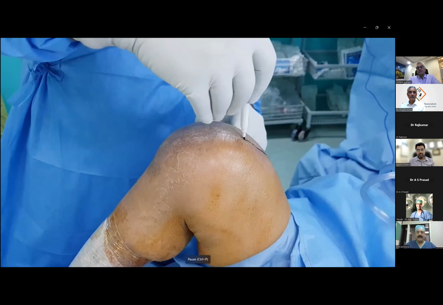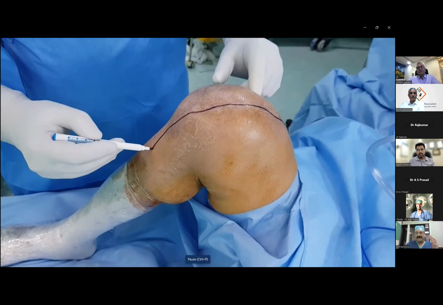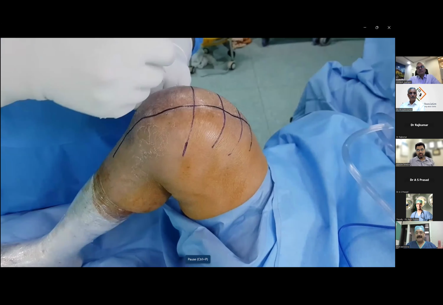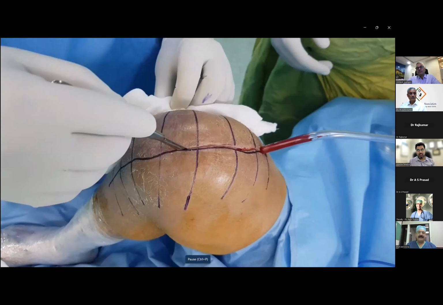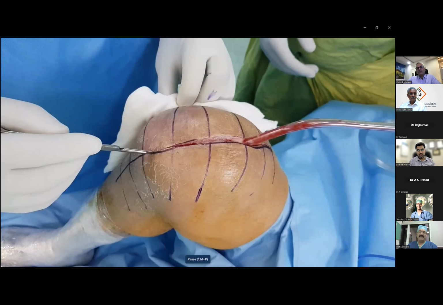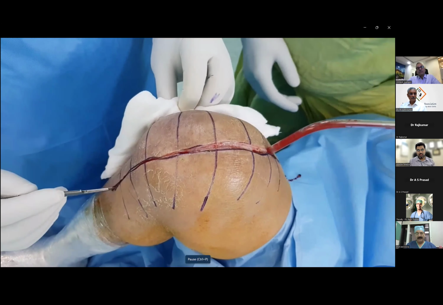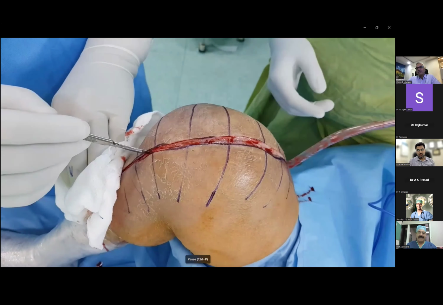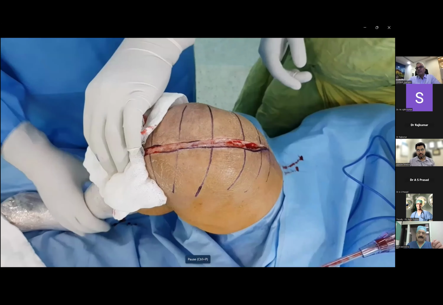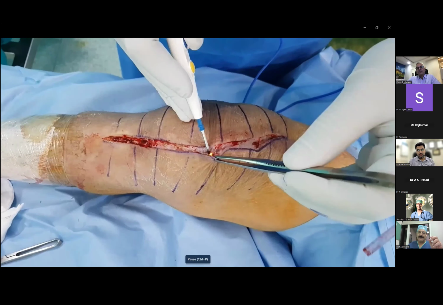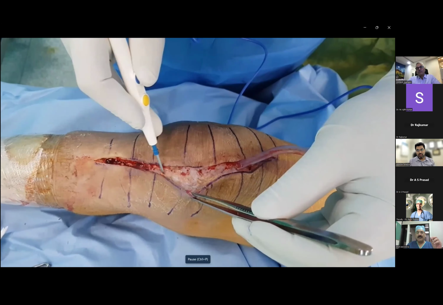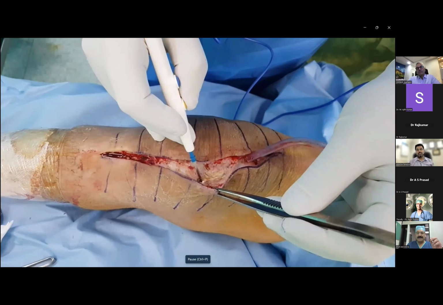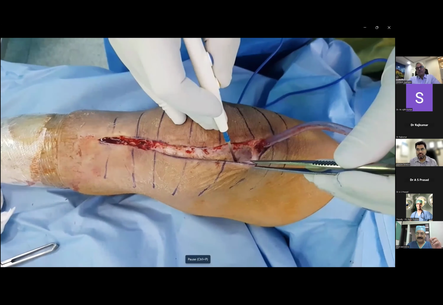So in a revision scenario, you try to use the previous incision, and if there are multiple incisions, then you use the most lateral one. It's always nice to extend your incision about 1 centimeter distal and 1 centimeter proximal, so that you can get to the normal planes and work upon them. Once you have incised the skin, try to raise a flap which consists of the deep fascia as well, because you want to go deep to the deep fascia to avoid devascularization of the skin.